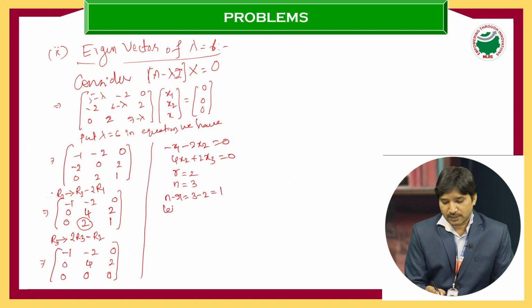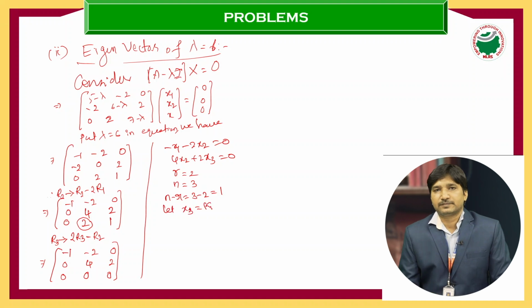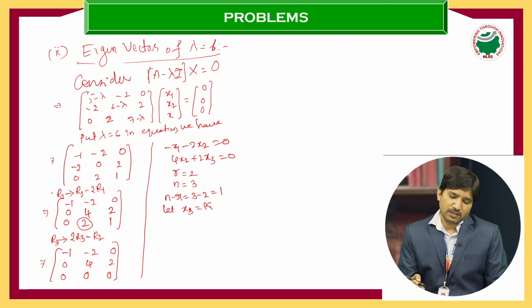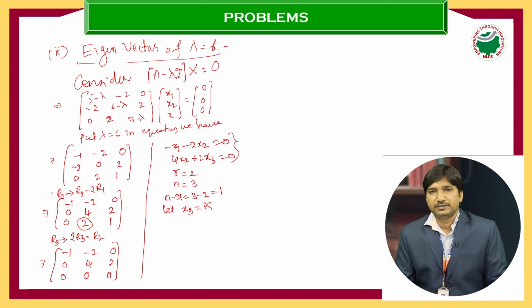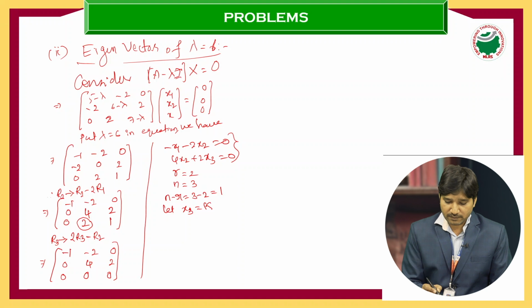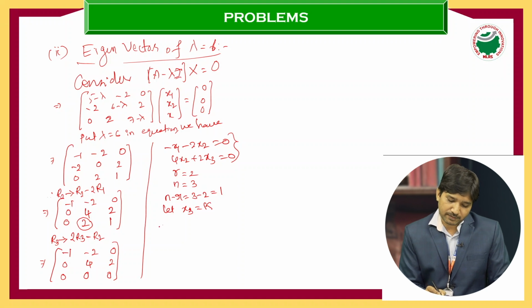We can assume x3 equal to k. Okay, x3 equal to k. So substitute the value x3 equal to k into the given equations. First one: 4x2 plus 2x3, x3 equal to k, 2k.